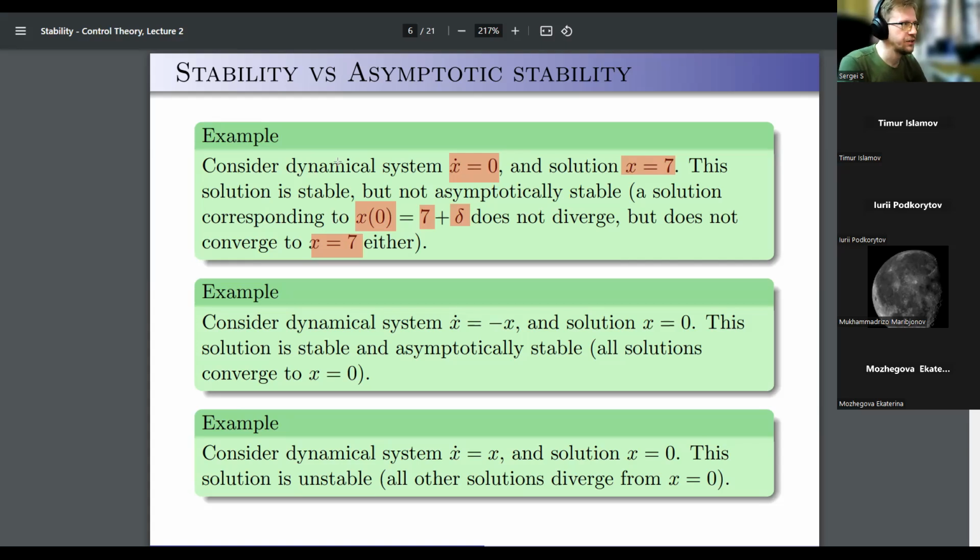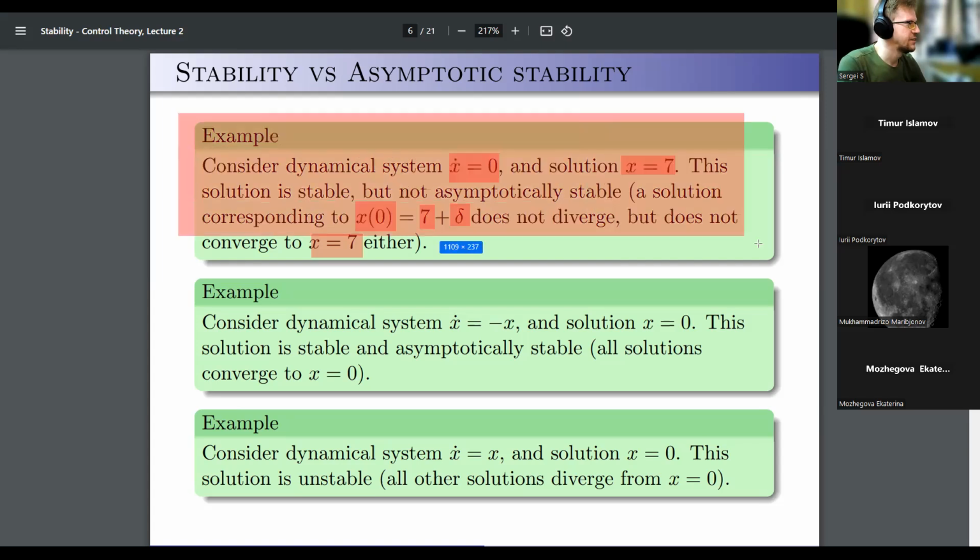So often we say stable in the sense of Lyapunov or marginally stable to indicate that it does not converge. So it's not asymptotic, but it is still stable. That is a typical usage. So this would be a marginally stable system, or an example of a system stable in the sense of Lyapunov.